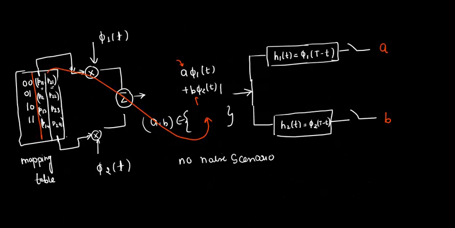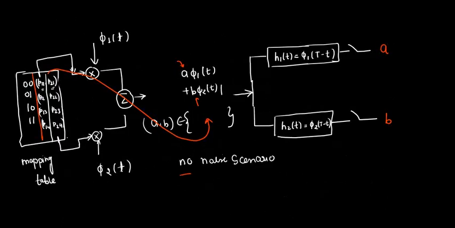In form of A and B, that is the magnitude of phi 1 t, that will be A, correct? See, your aim is, for example, there is the no noise scenario, but still at the receiver you do not know which one was transmitted. There are 4 possibilities.